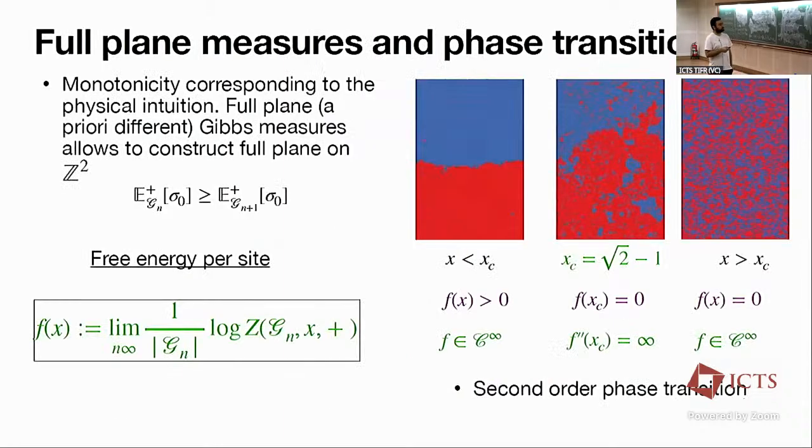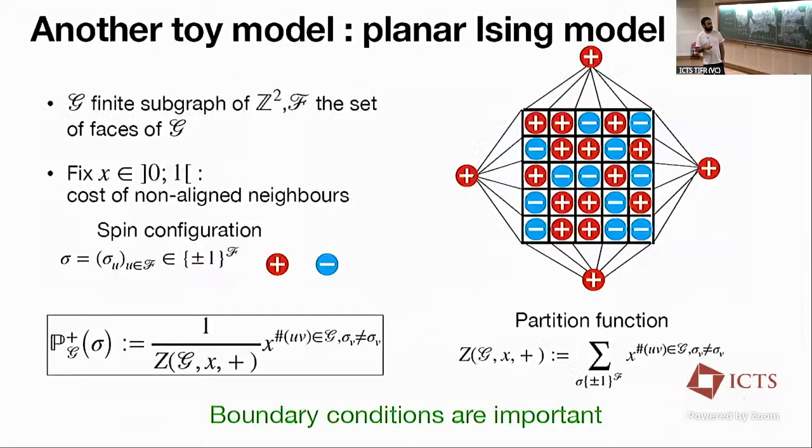Now, as you saw in different talks, we were discussing big boxes, but you can even play it in the full plane. You can try to impose plus and minus spins in the entire plane, and that means you need to construct a full plane Gibbs measure. The way you were constructing your probability measure, you had to normalize by something, and it's definitely not trivial.